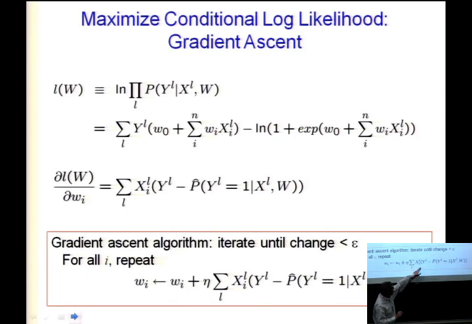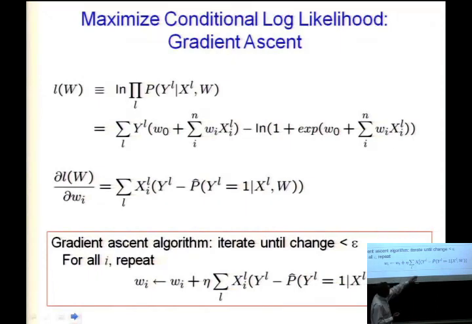So what this rule is saying is change W in proportion to the difference between the observed value of y on this Lth training example and the probability that you would predict its value is 1 given x and the W's that you have at the moment.